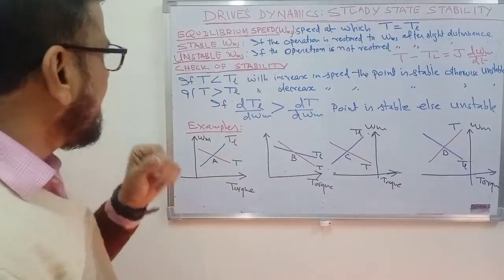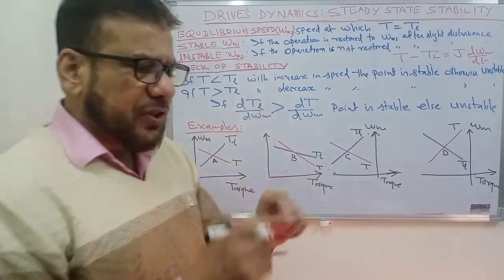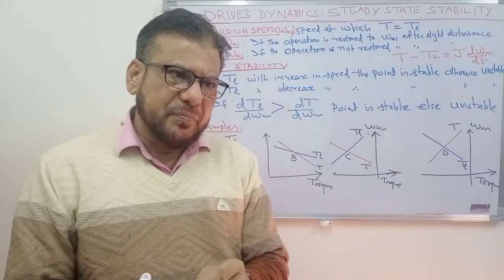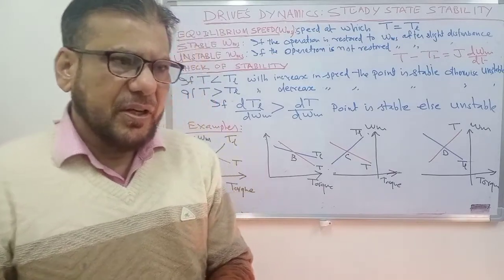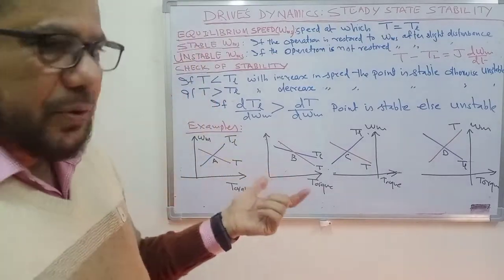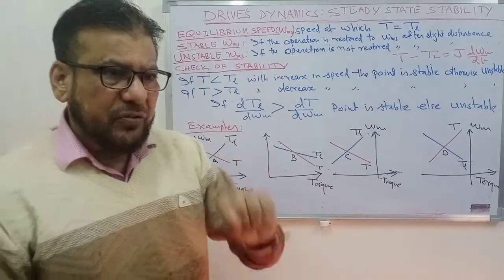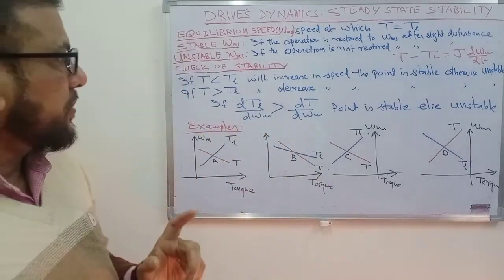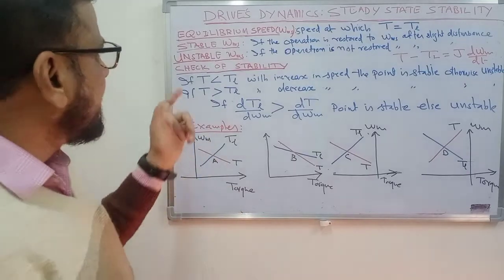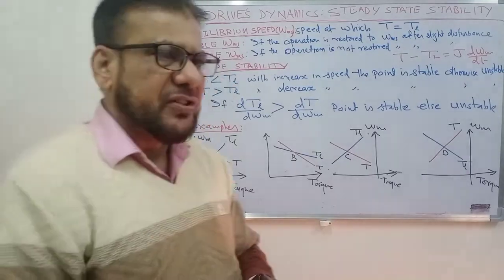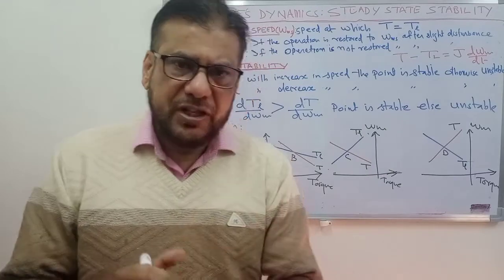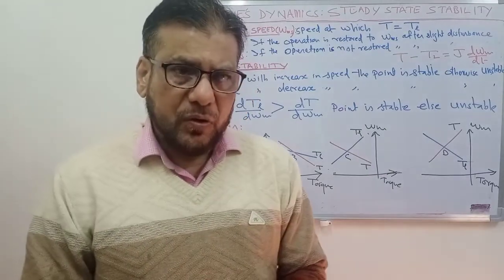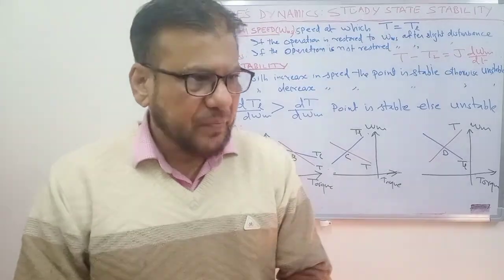On the other hand, if due to some disturbance the speed changes and that speed is not restored, then that operating point will be called an unstable operating point, and that speed you can call an unstable steady state speed. So today we shall learn how to find out whether the operating point is stable or unstable.